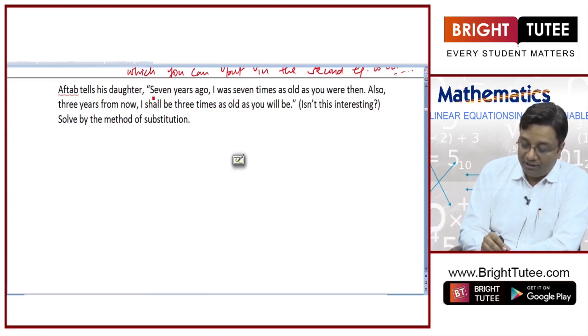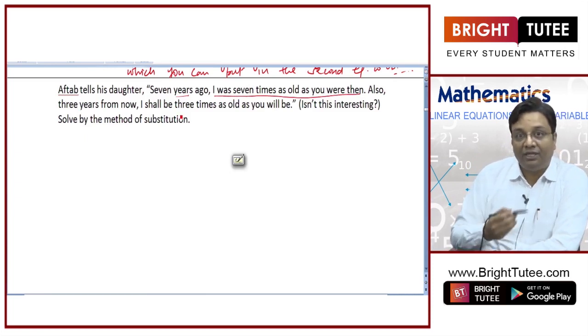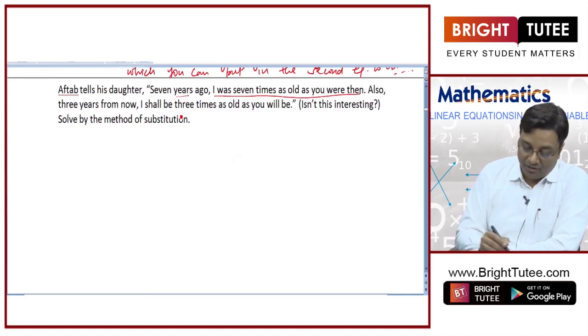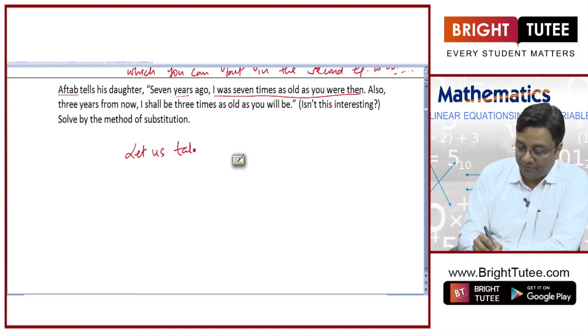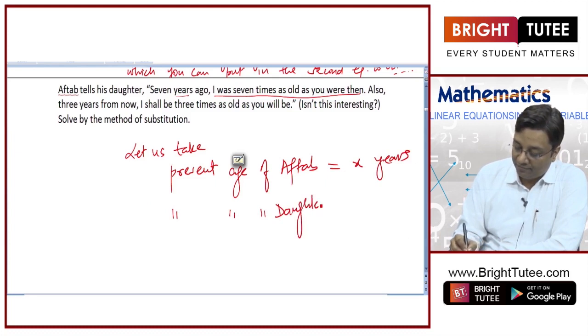Aftab tells his daughter, 7 years ago I was 7 times as old as you were then. Also 3 years from now I shall be 3 times as old as you will be. So let us take the present age of Aftab as x years and the present age of his daughter as y years.